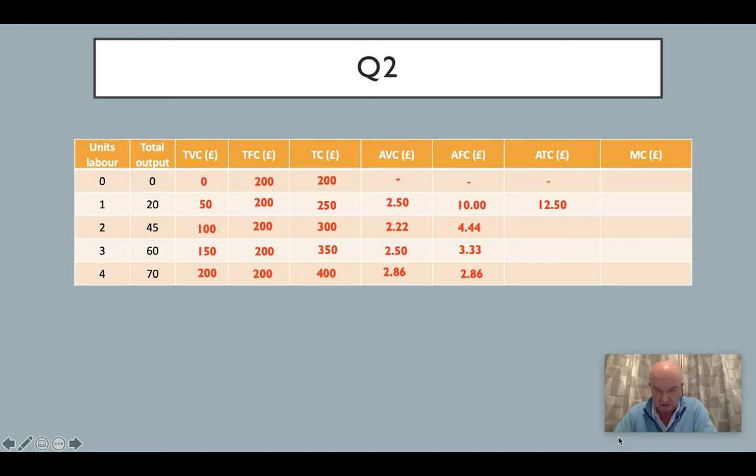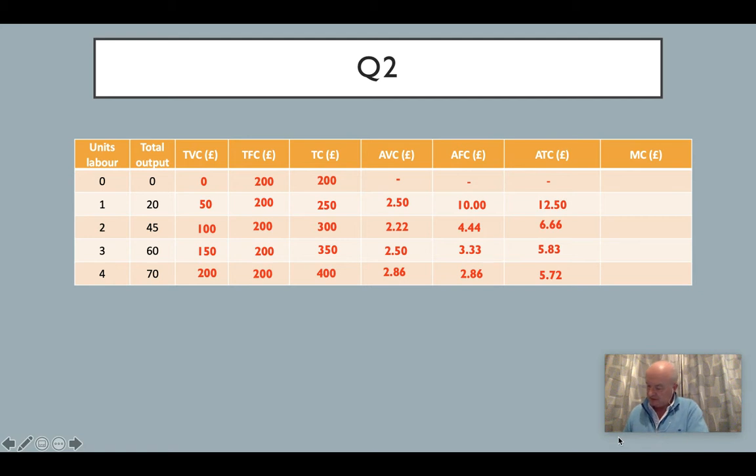So our total cost is £2.50, and we're going to divide that by, in this case, 20 to give £12.50, and then £6.66 for the average total cost of, in that instance, the total cost is 300 divided, in this case, by 45 units of output, and then we've got 350 divided by 60, and then finally 400 divided by 70, giving £5.72.